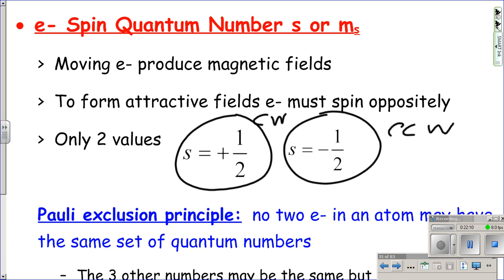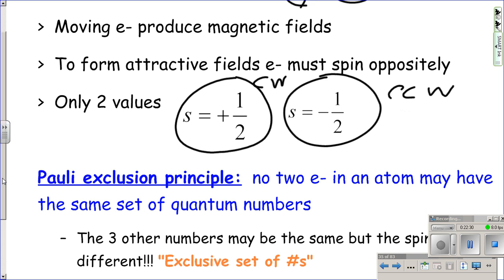So it's called the S or the ms number because it's just referring to the spin of the electron. S means spin. That's the 4th quantum number. Okay, so then this is our complete address. This is like which person you're talking about in that house, on that street, at that zip code.